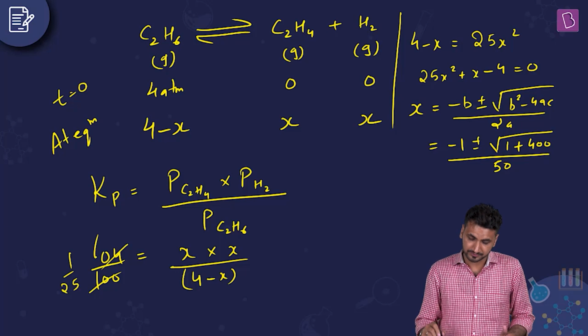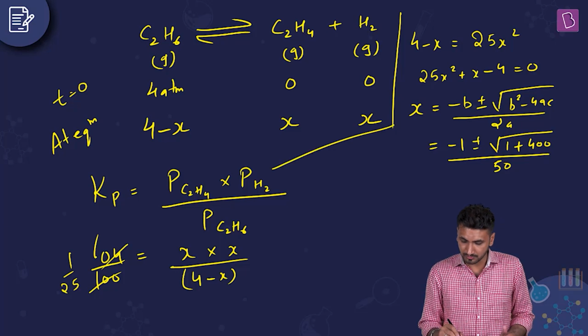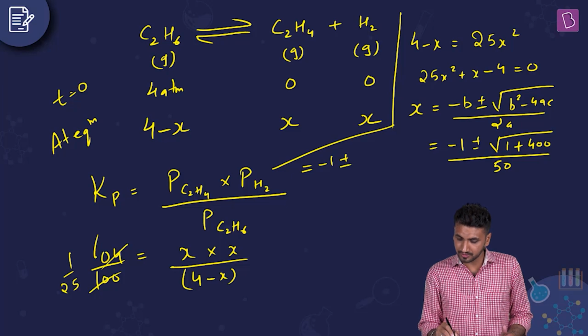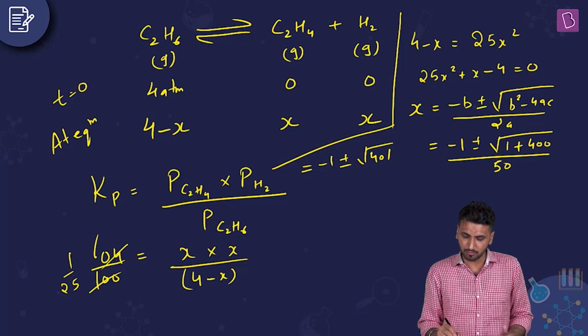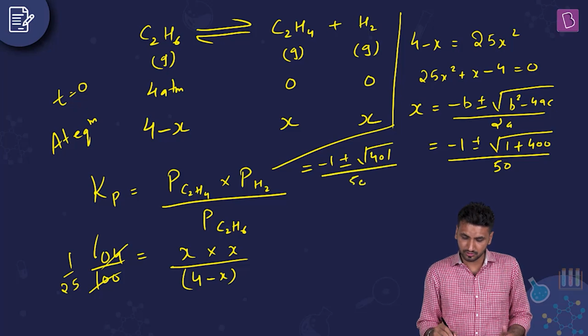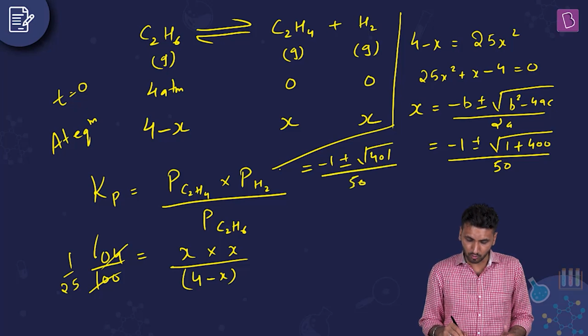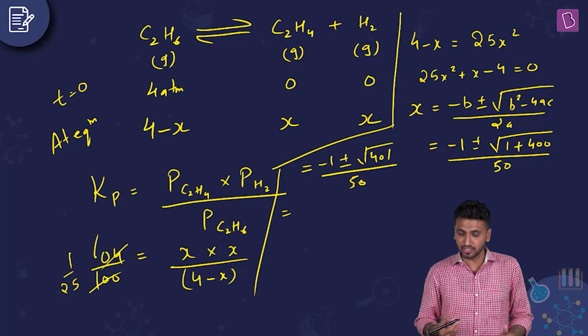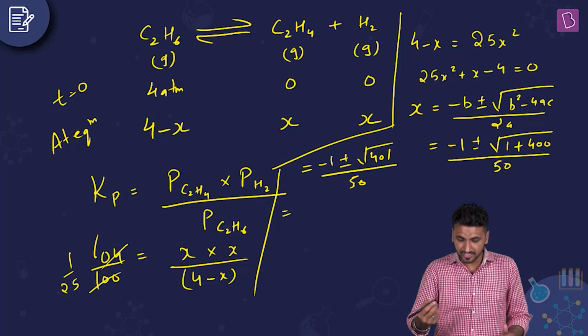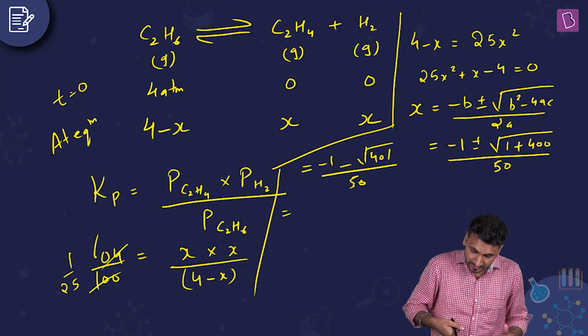Let's solve this further. So this will be minus 1 plus minus root 401 upon 50. Obviously, the value of x, which is pressure, cannot be negative, so I'll neglect the negative sign.